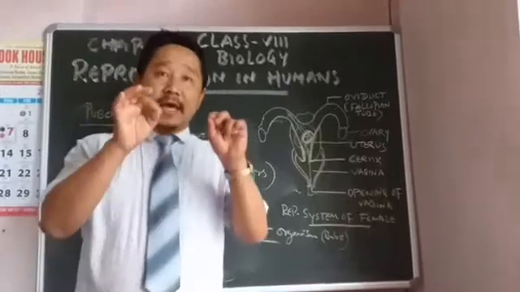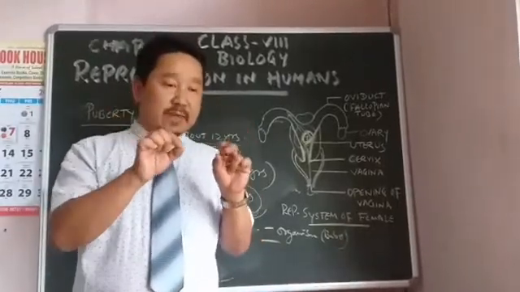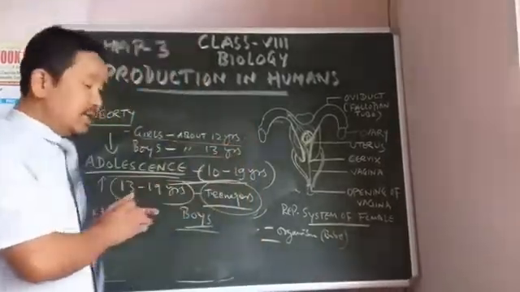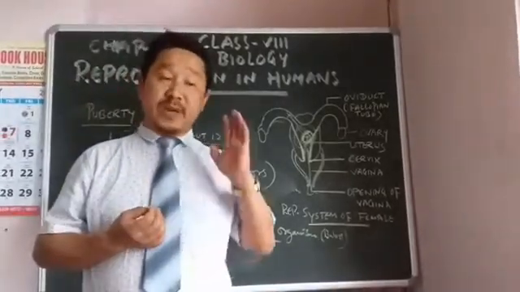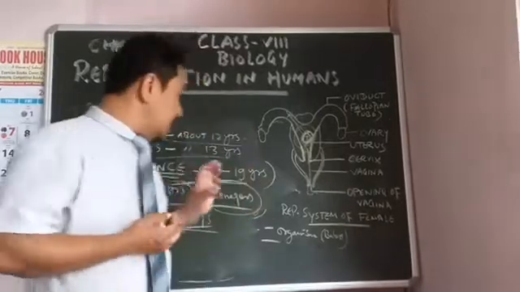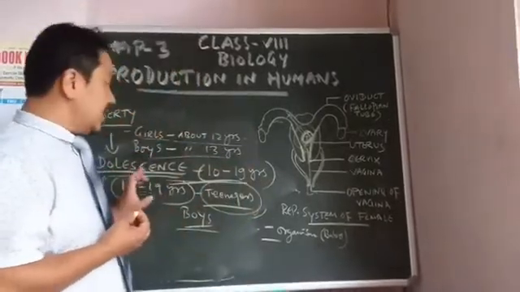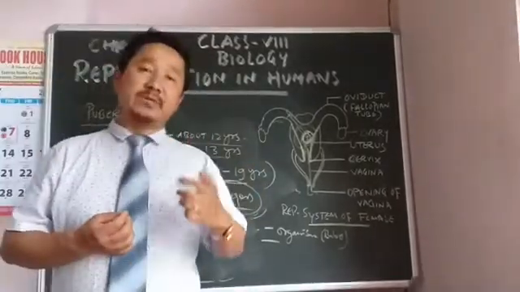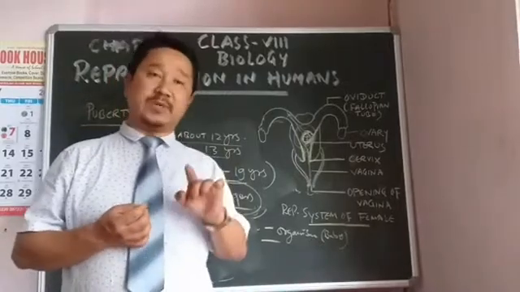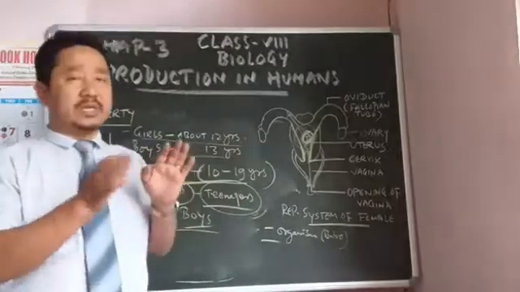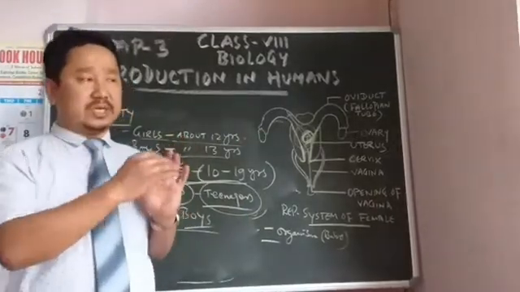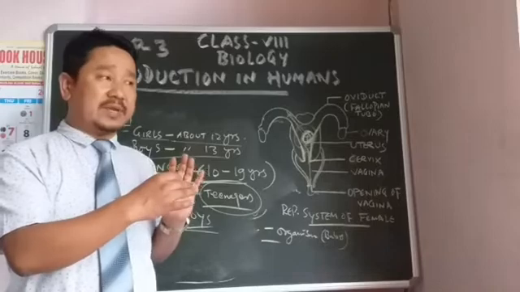At this time only, during this phase, 25% of the height of the body is achieved. That's why sometimes we see boys and girls looking a little short till 10, 11 or 12 years.